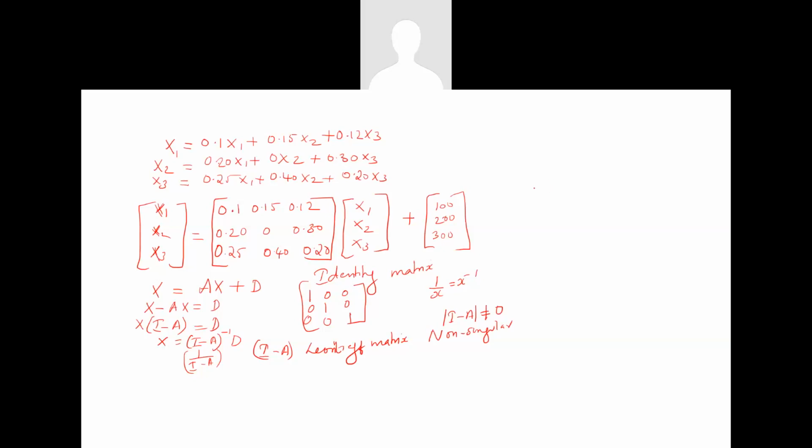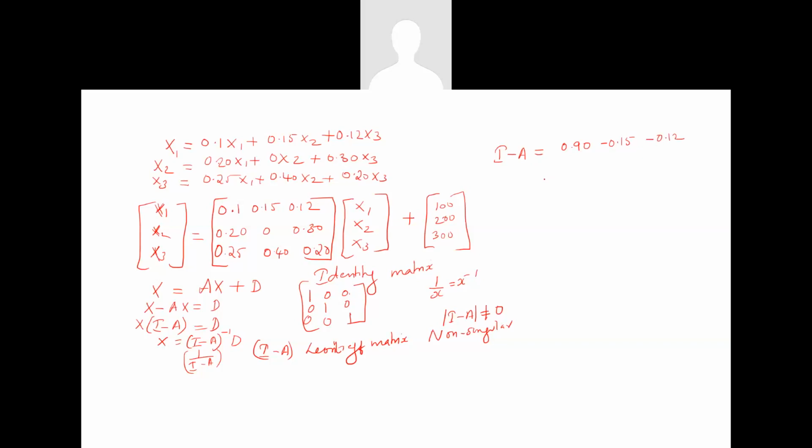I is actually the identity matrix. A is this matrix that we already know. So first you have to form the I minus A matrix, and that is equal to 1 minus 0.1, that is 0.9; then 0 minus 0.15, minus 0.15; then 0 minus 0.12, minus 0.12.